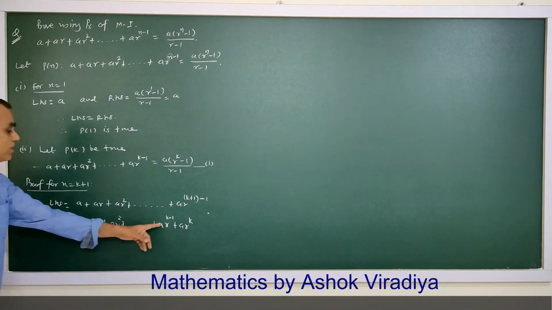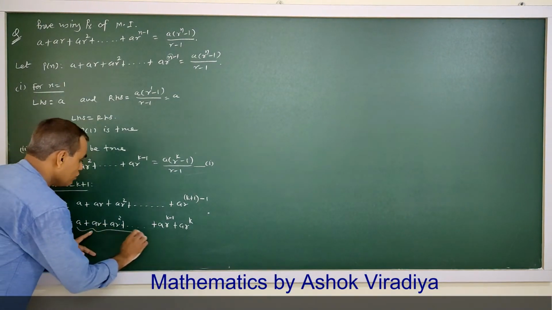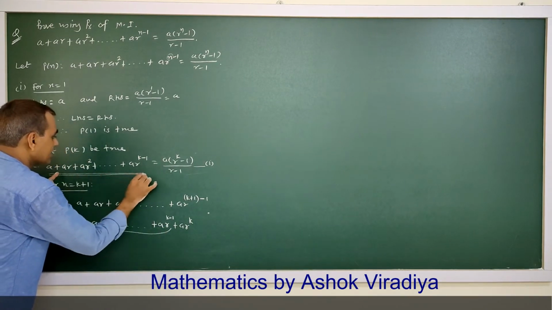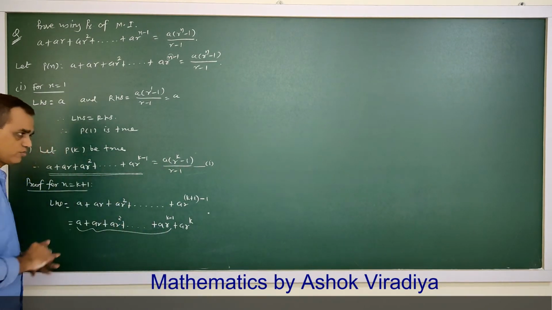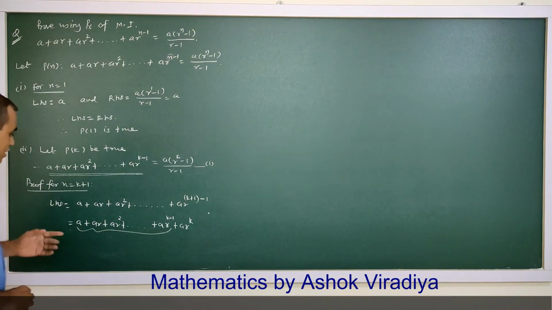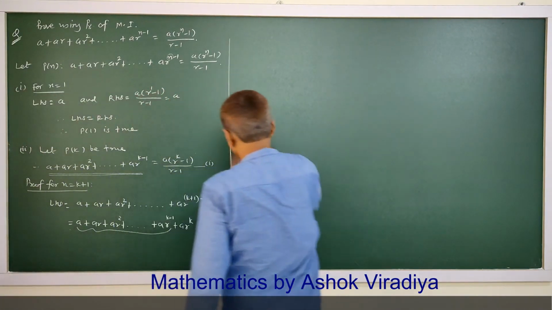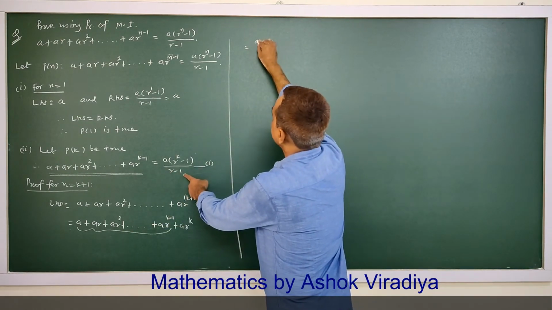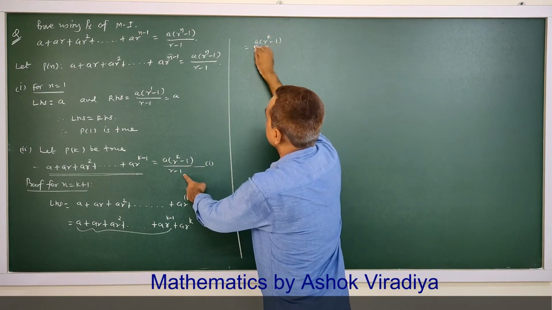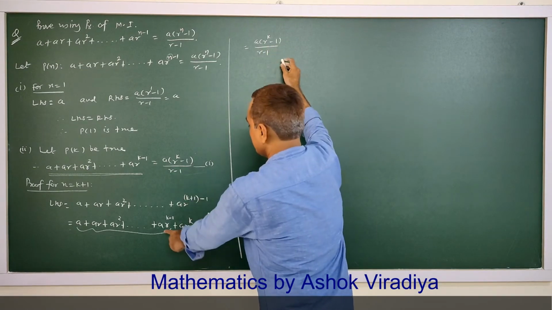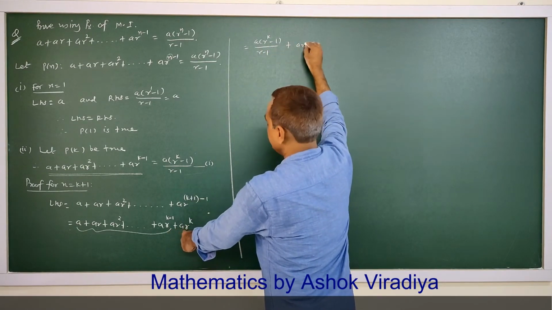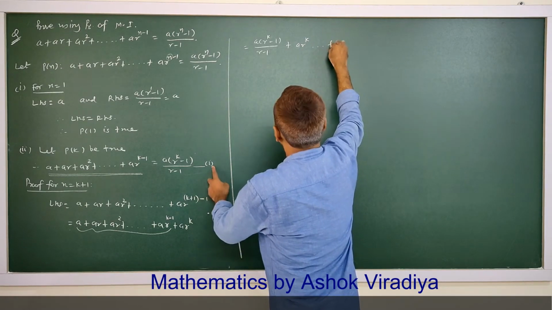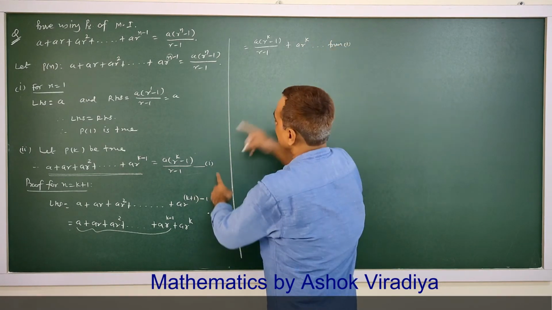And when you put the second term from last, you will find the value of this part in equation 1. So it is equal to, putting this value, A into R raised to K minus 1 upon R minus 1 plus A into R raised to K. So here result 1 is used.